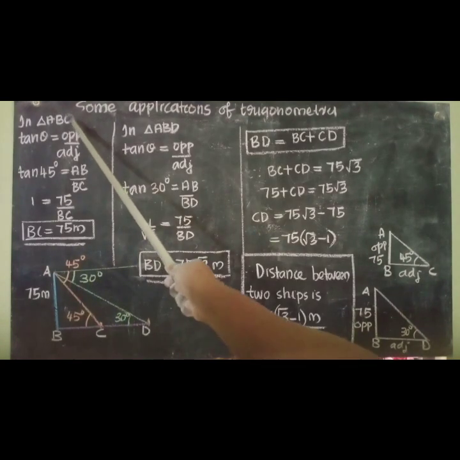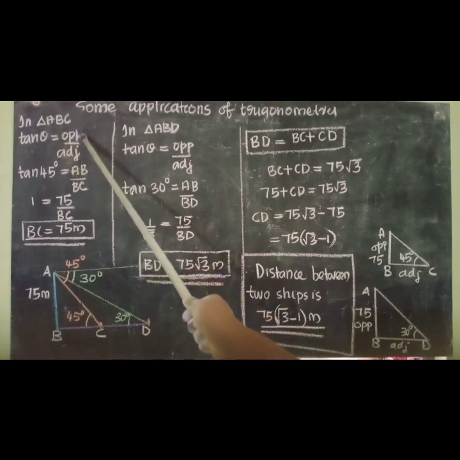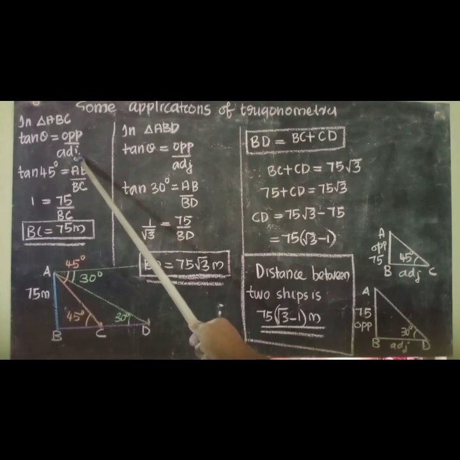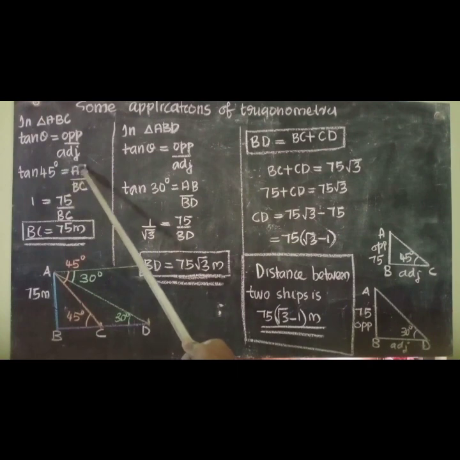So in the first triangle ABC, tan theta equal to opposite side by adjacent side. Here the acute angle is 45 degree, opposite side is AB with measurement 75 and adjacent side is BC. So tan 45 degree equal to AB by BC.